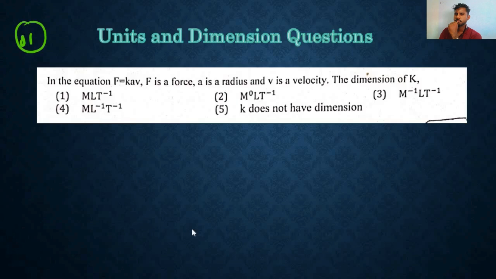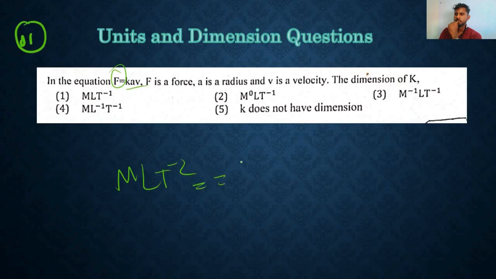Right, we are starting with our very first question. In the equation F equals KAV, F is force, A is radius, and V is velocity, and we need the dimensions of K. So F, force, is ML T minus 2, you should know this.